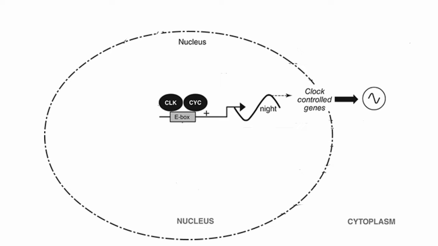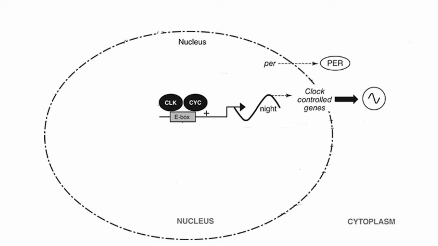In addition to making these other clock genes, we've already established that it also transcribes per. So Clock and Cycle are producing per RNA, which leads to the production of per protein in the cytoplasm.